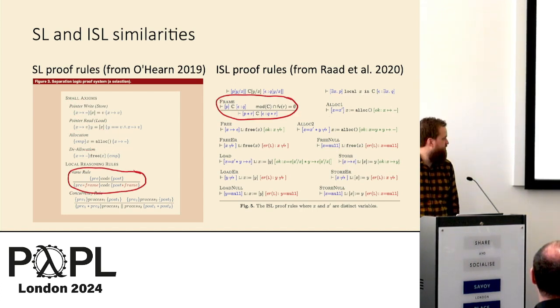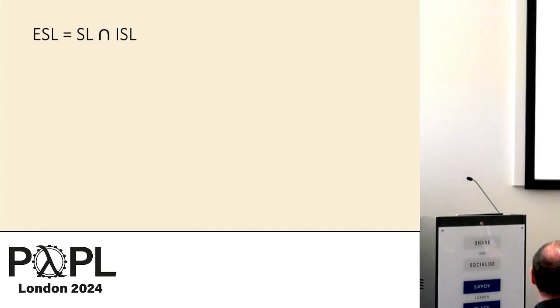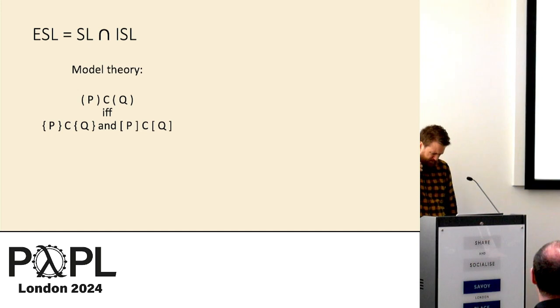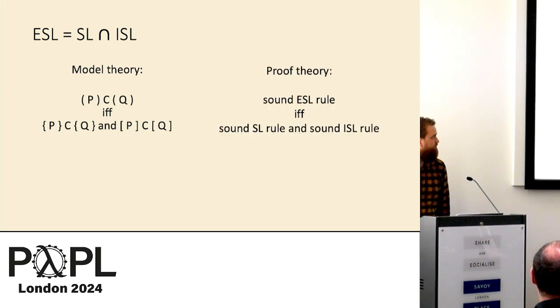Well, both of them have a frame rule, etc. So it might make sense to, in some sense, work in the intersection of these two logics, formally meaning something like this. So we define ESL triples to be valid if and only if the corresponding separation logic and incorrectness separation logic triples are valid. And this gives us the following proof system.